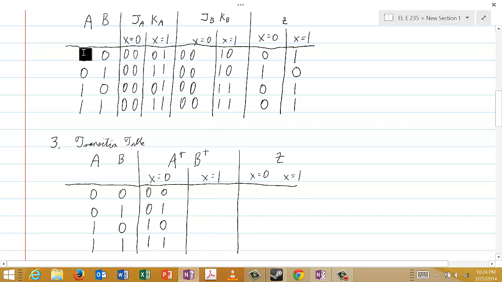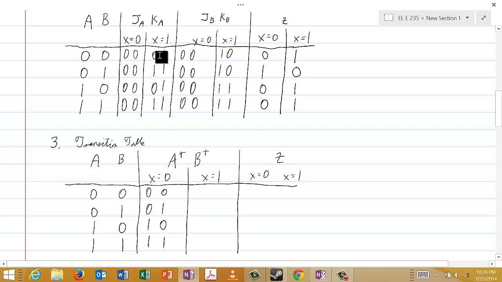Okay, so I hope that you had luck with that, but let's now do it together and see how it goes. So now we're in the X equals 1 column. So that means we're looking here for the information about what's happening to A, and we're looking here for information about what's happening to B. So let's look first for A. Okay, A is 0 in this first line, and JK for that A flip-flop are 0 and 1.